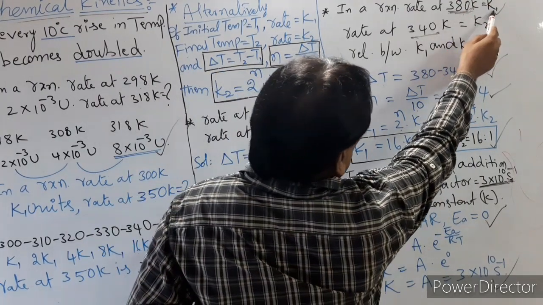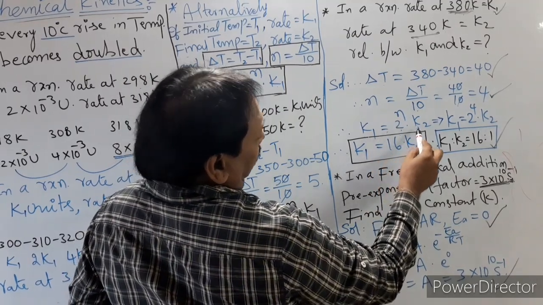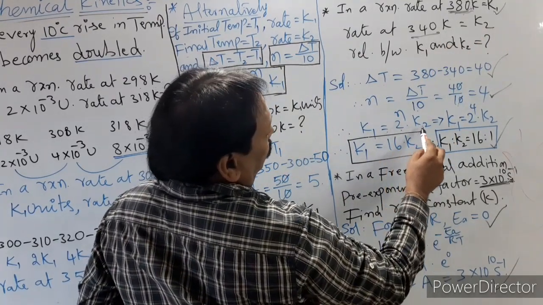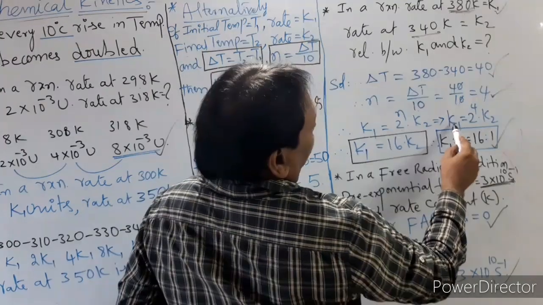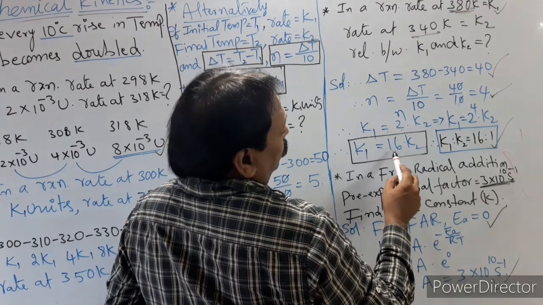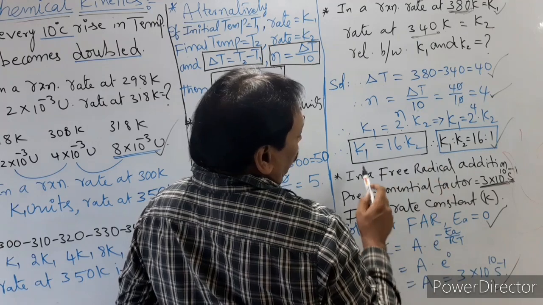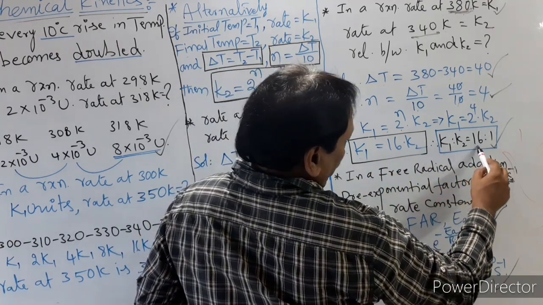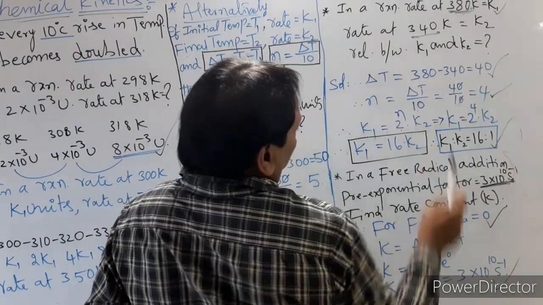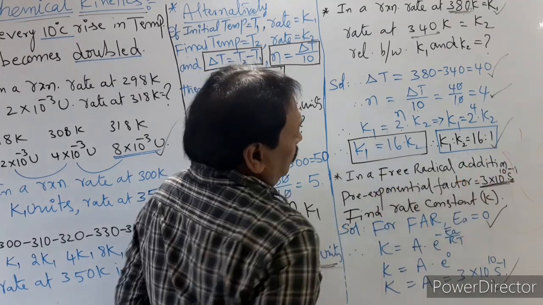So the rate at the final temperature K1 is equal to 2 power n into the rate at initial temperature K2. So K1 is equal to 2 power 4 into K2, therefore K1 equal to 16 into K2. Therefore the ratio between K1 and K2 is 16:1. This is the relation between K1 and K2, or K1 by K2 is equal to 16 by 1.